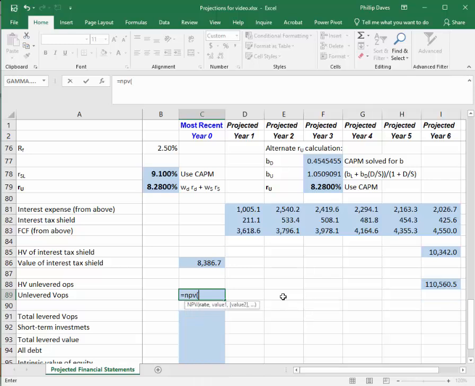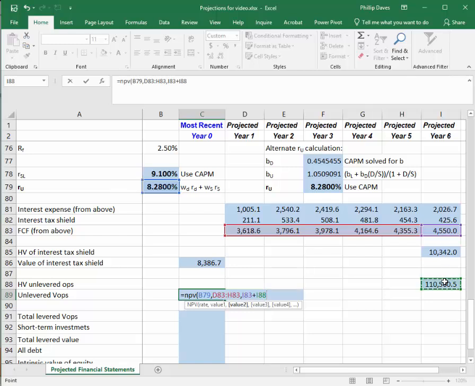The net present value function, our interest rate is the unlevered cost of equity. We're going to highlight years 1, 2, 3, 4, and 5, and then take year 6 separately plus the horizon value at year 6.